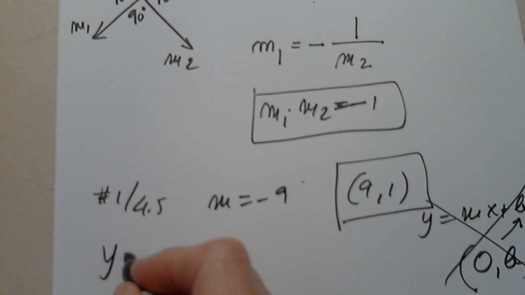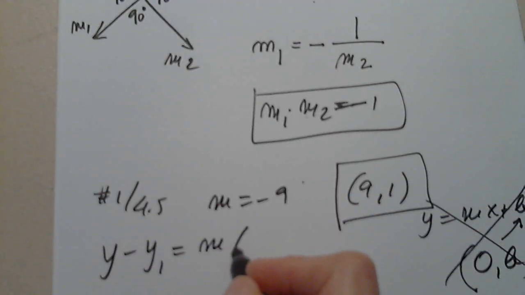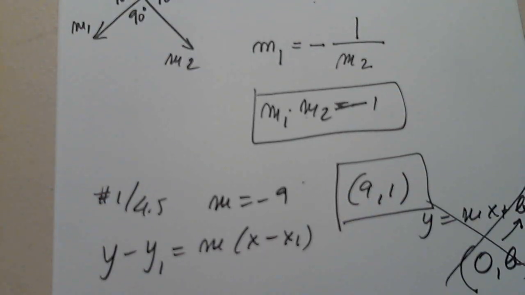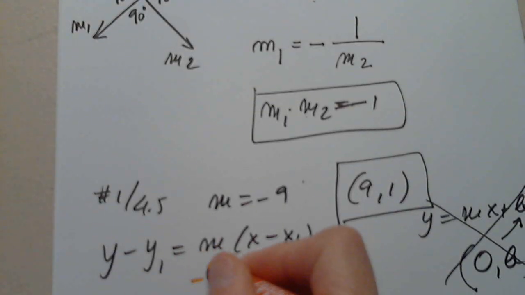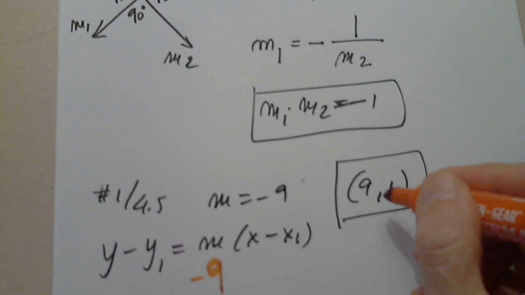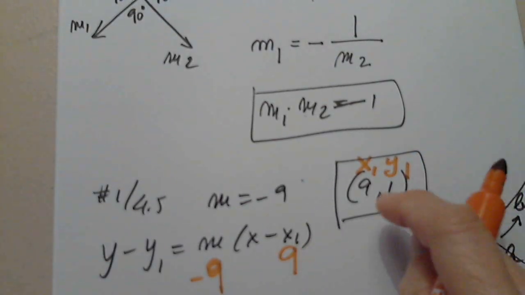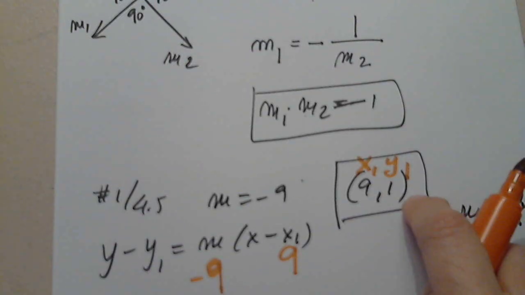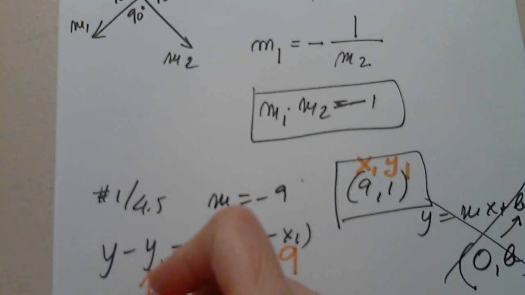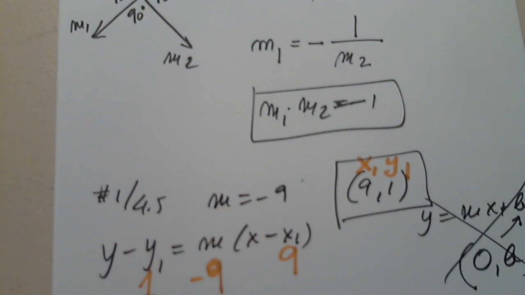But I can use y minus y1 equals the slope times x minus x1. Because that's easy. I have the slope, which is negative 9. I have the point, which is x1 comma y1. 9 goes under x1, and 1 goes under y1. So this is what I will enter first.